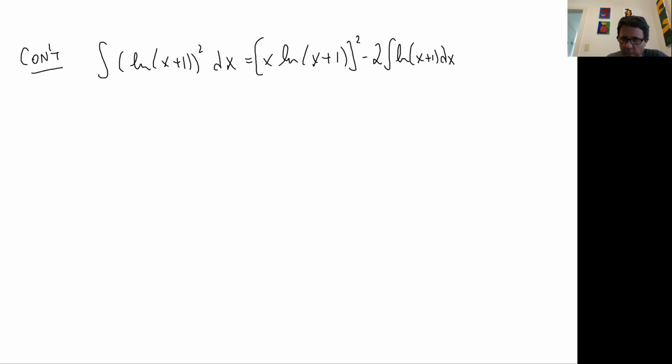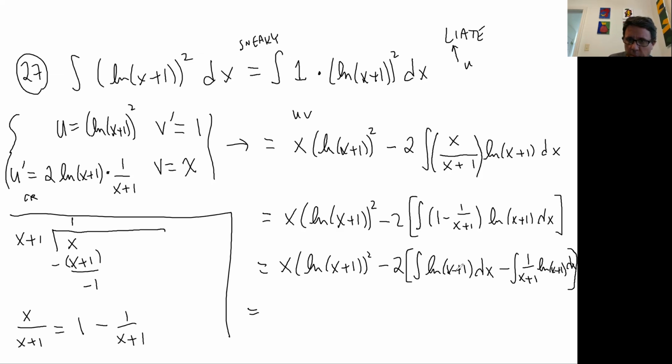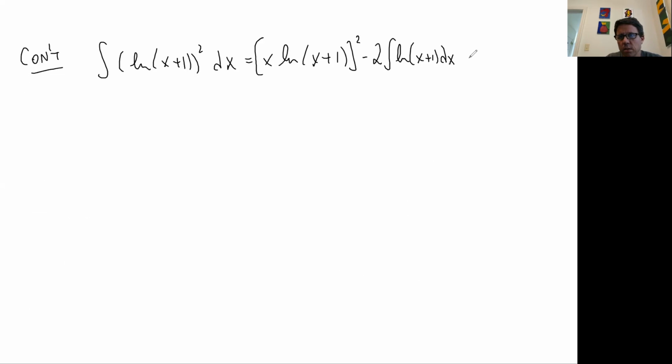And then if I distribute that minus 2, I don't know if I want to do that or not. Minus 2 will become plus, plus 2 times the integral of 1 over x plus 1 natural log of x plus 1. So still have that integral and that integral to finish things off.